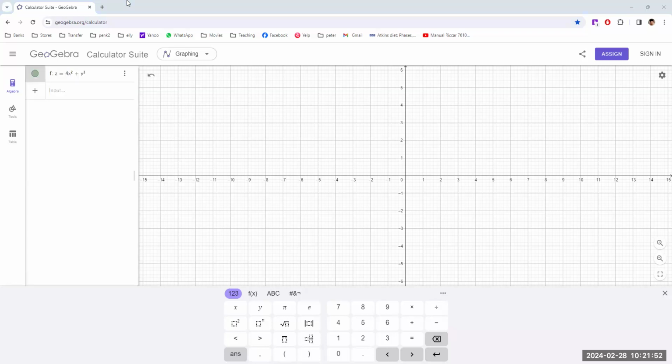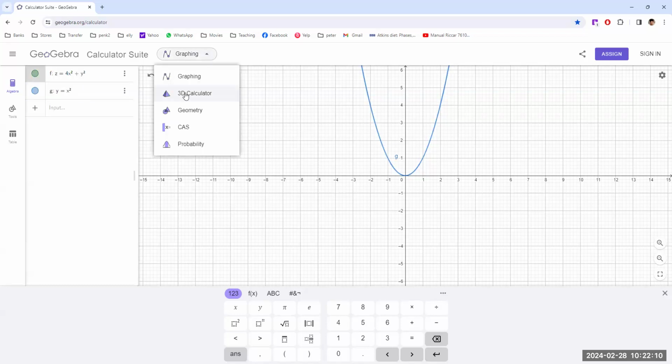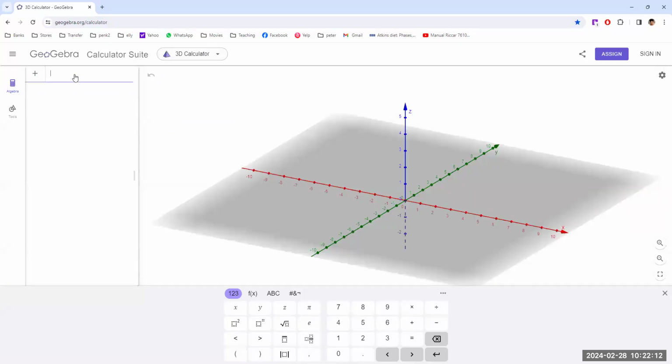You are seeing my screen here, right? And then the second one is y equals x squared. Oh, I need to make it 3D. Sorry.